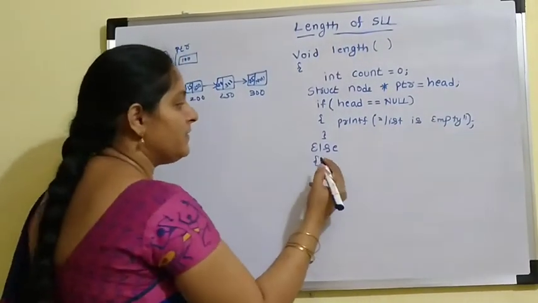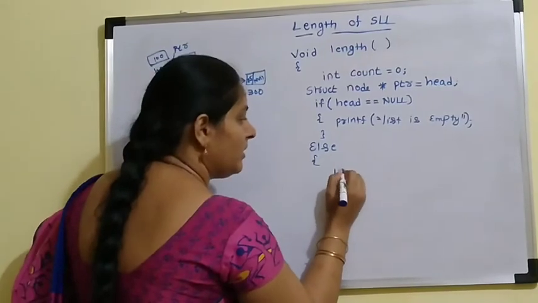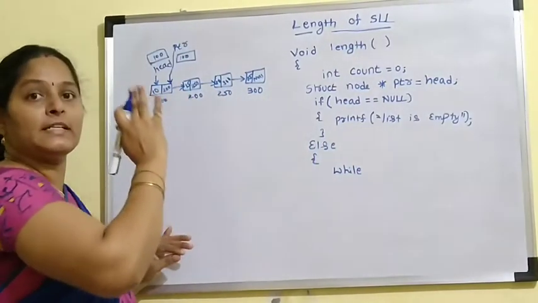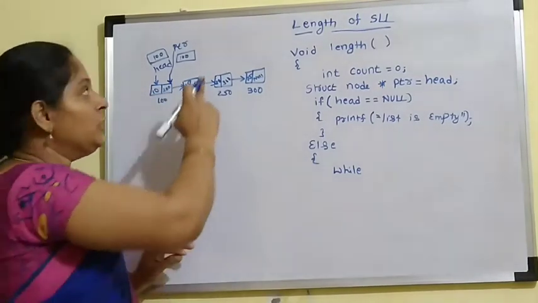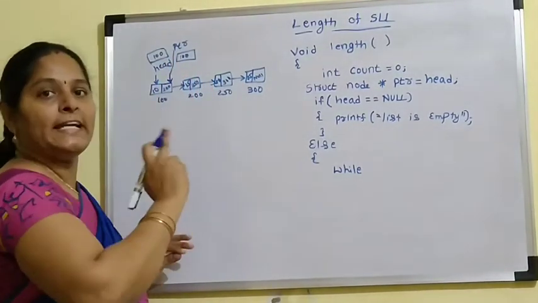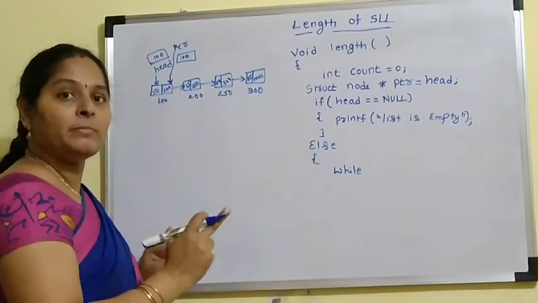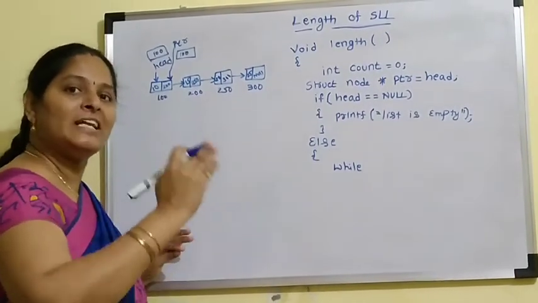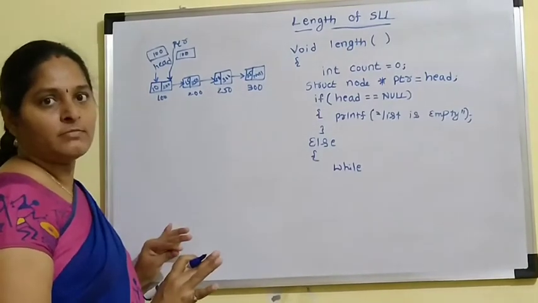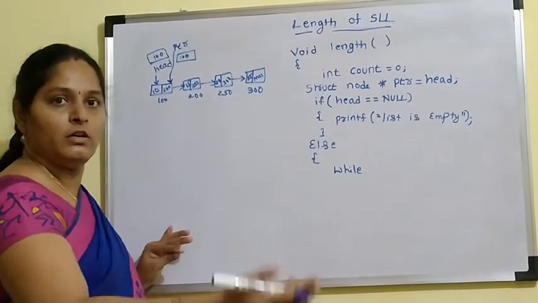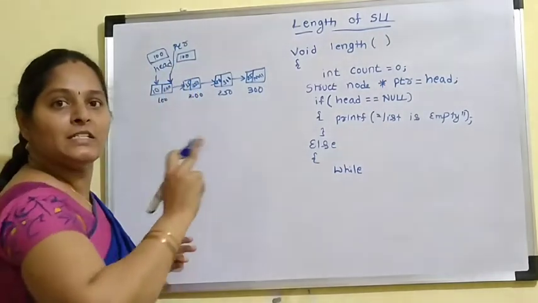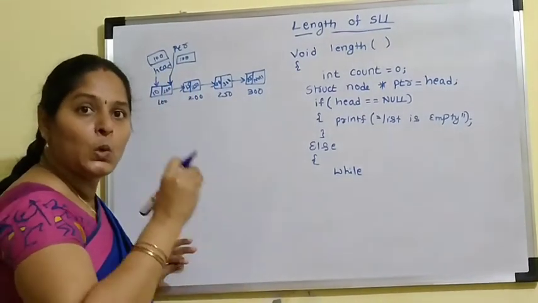Now we need to verify whether the PTR value is null or not. At any point of time, if the PTR pointer value is null, that indicates that we have reached the last node in the list, that means we have crossed the last node. So here the PTR is a pointer, and it always points to the nodes.